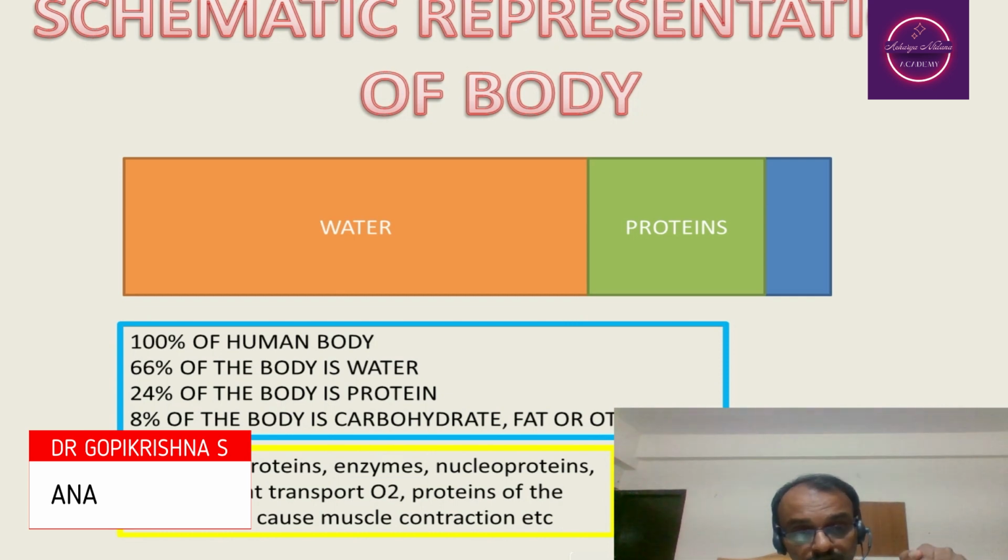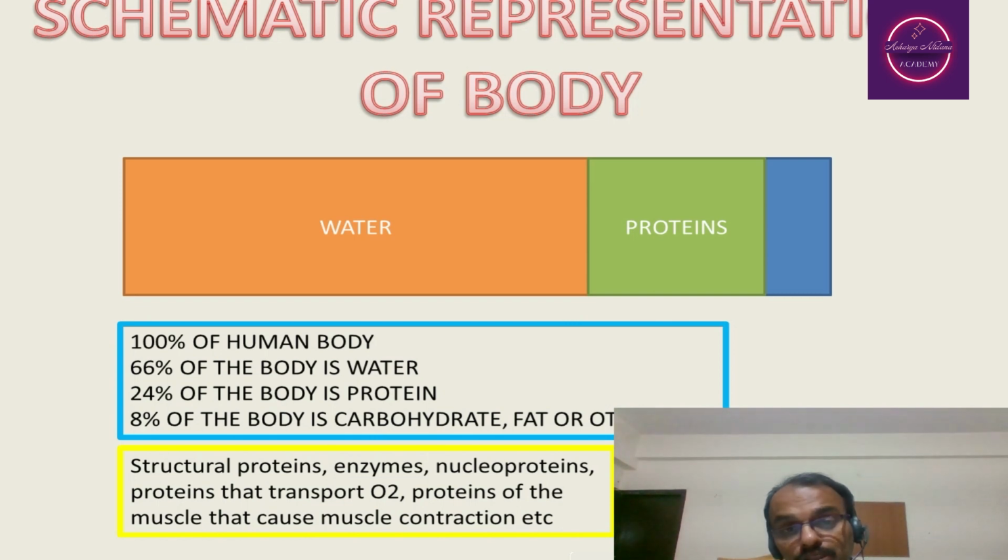66% is the water portion, 24% is the protein portion, and 8% is carbohydrate, fat, etc. So when you think of the protein, there are structural proteins that are part of the cells, then enzymes, nucleoproteins which are present inside the nucleus, the proteins that transport oxygen, and the proteins of the muscle which cause the contraction.